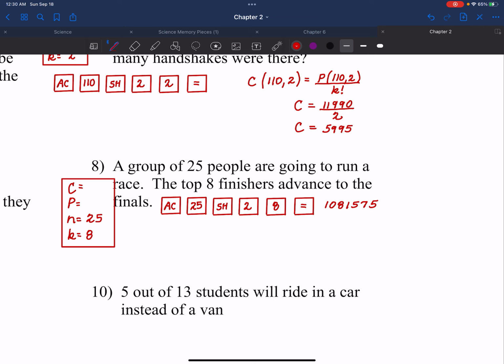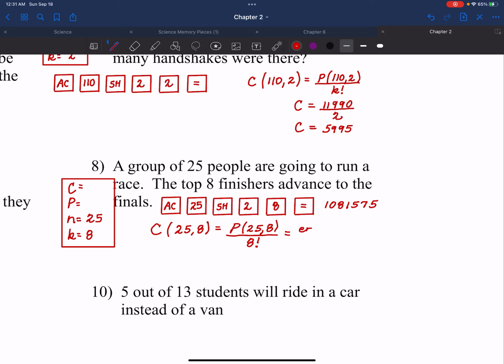All right, using the formula, we have a combination of 25, 8, where we would have permutations of 25, 8 divided by 8 factorial. So on the calculator, I'm going to do the permutation of 25, 8, and that is an enormous number.